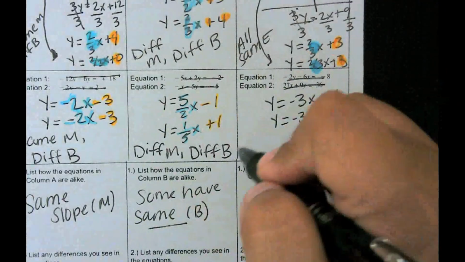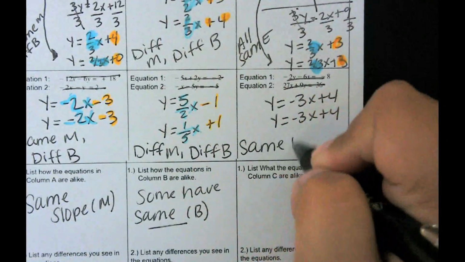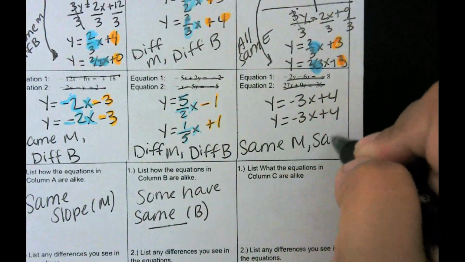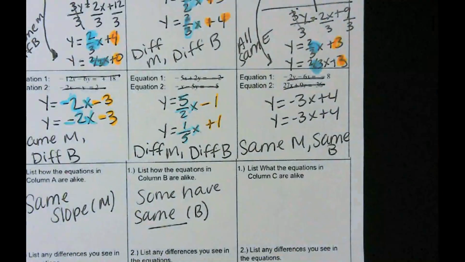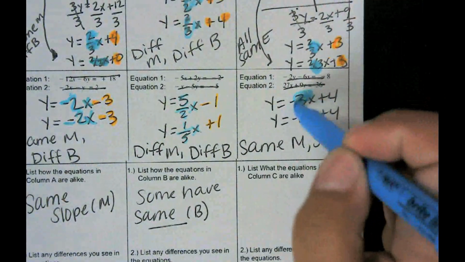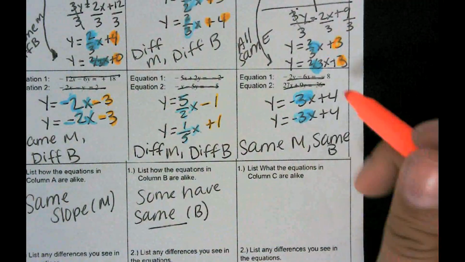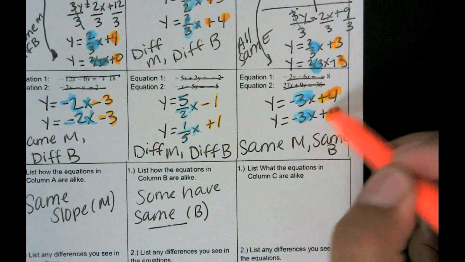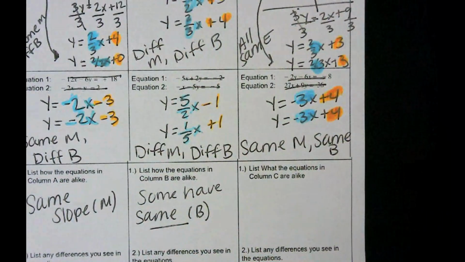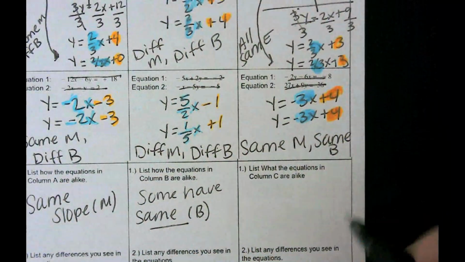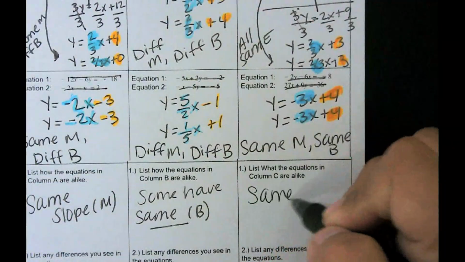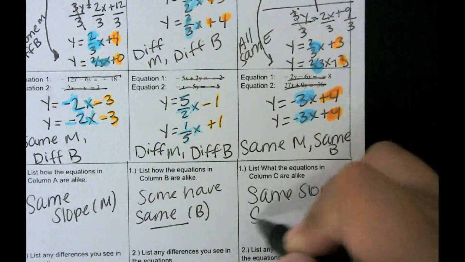Okay, same m, same b. Everything is the same. Same slope, same y-intercept.